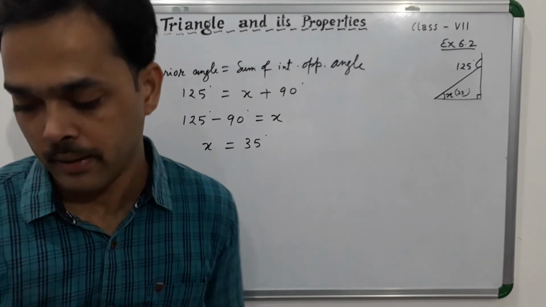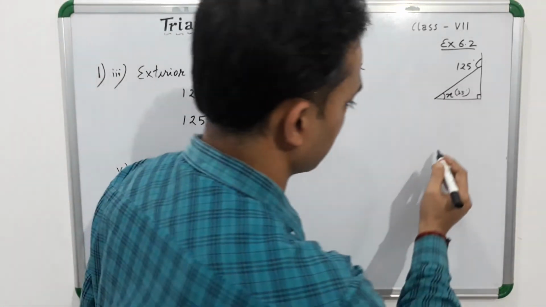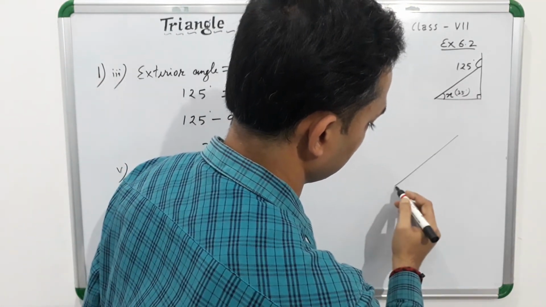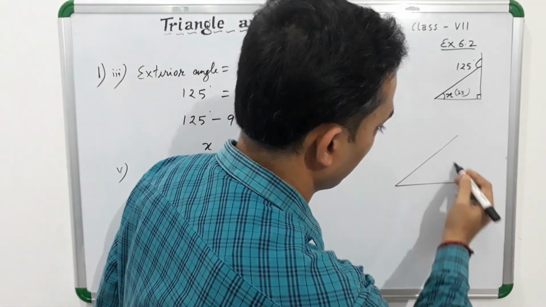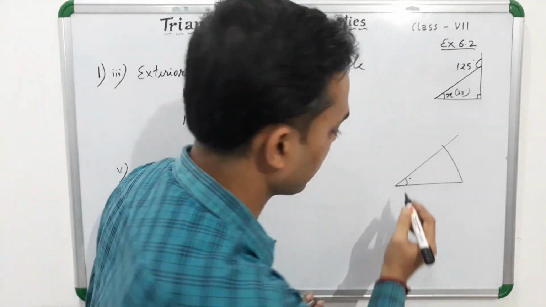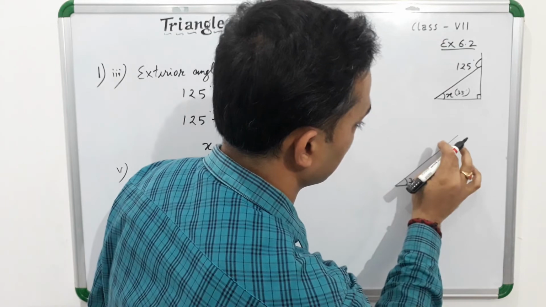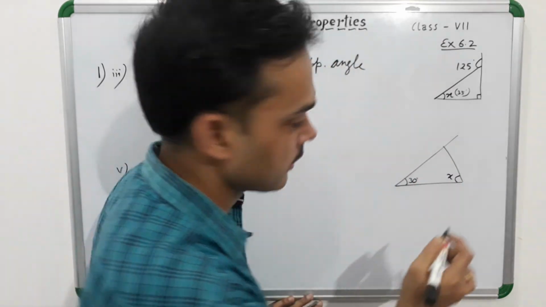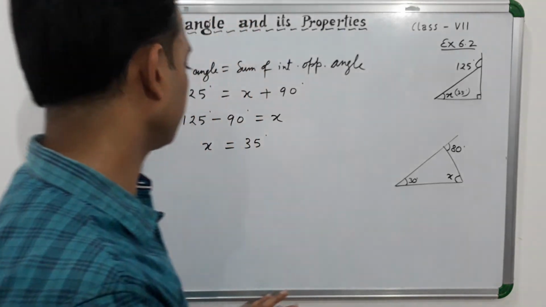Now let us do the fifth part. In the fifth part, the figure that is made is like this. Okay, where this is 30 degrees, this is x, and this one is 80 degrees.